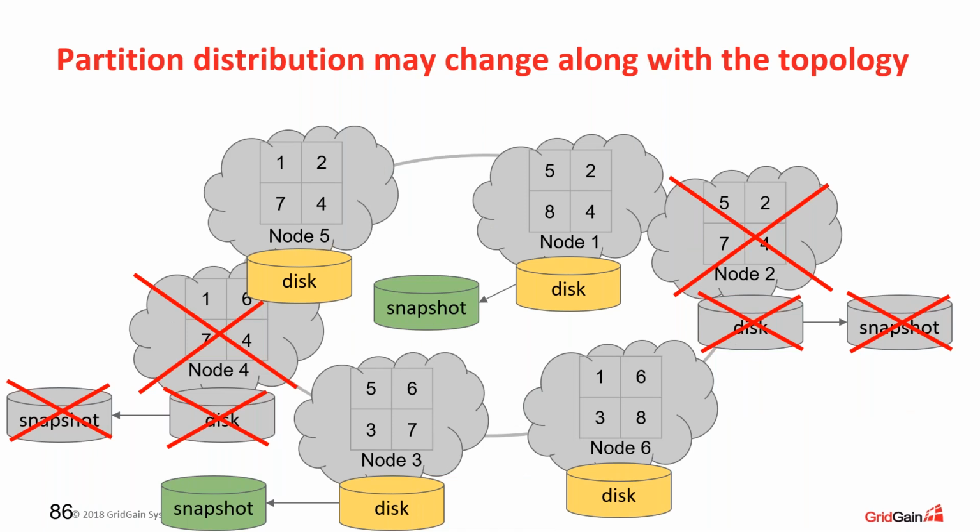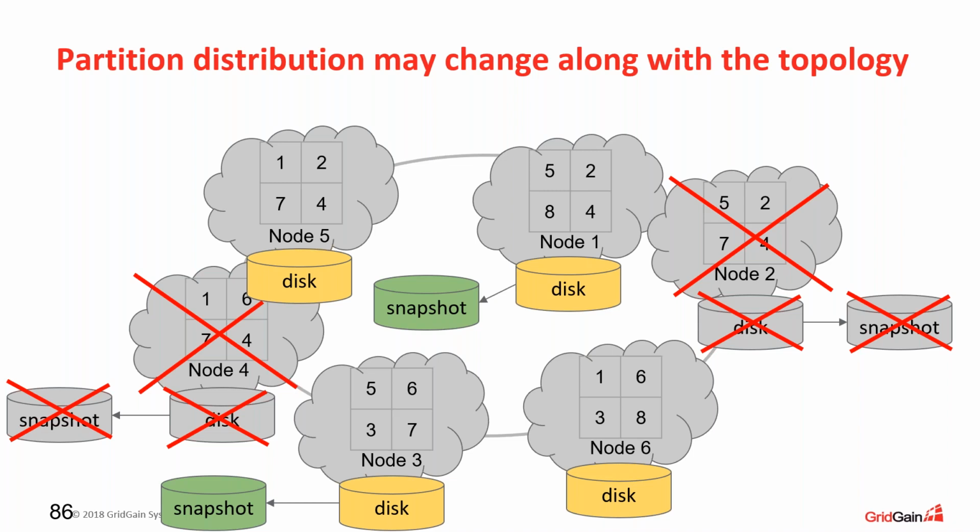Some nodes were sent to maintenance, and instead of them, some new nodes were added. The distribution of partitions may have changed, and a snapshot that was taken 2 months ago went away on the left node. So some nodes that survived contain that snapshot, and some parts of the snapshot are lost forever.